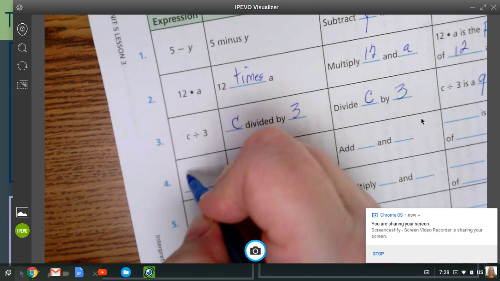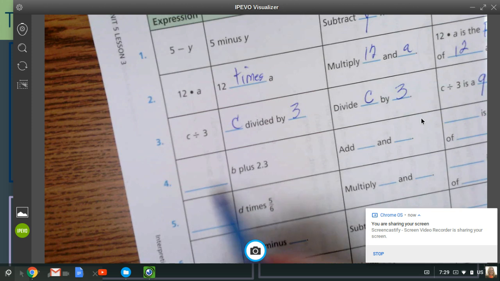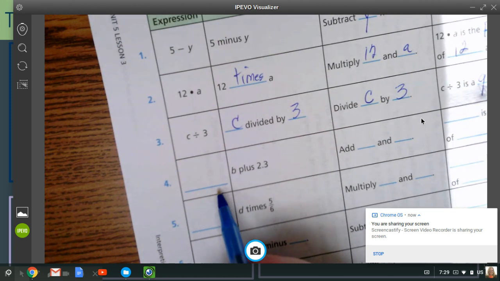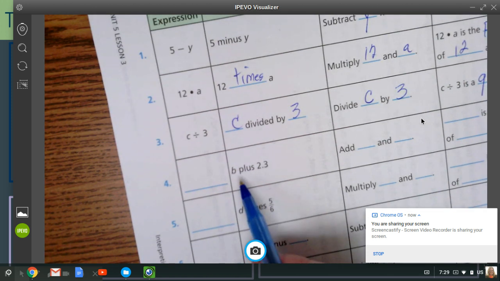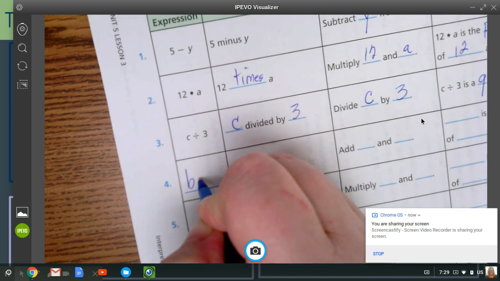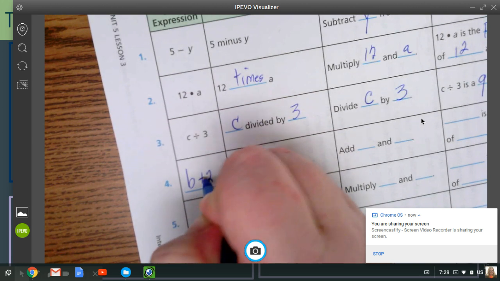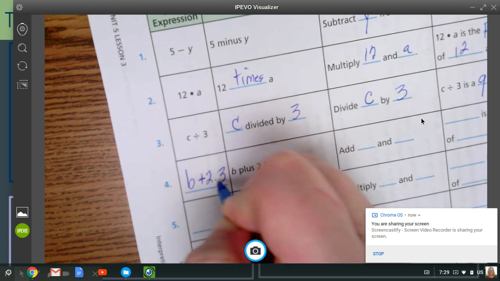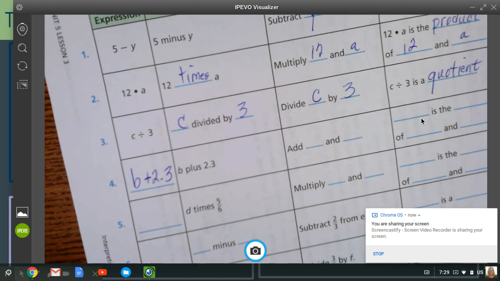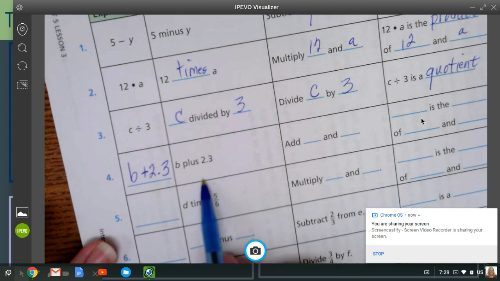Number 4 is missing the algebraic expression, which is where a variable takes the place of a value. So we can look here to see that we have add b and 2.3. So just write that down this way using the addition symbol, b plus 2.3. So we're just trying to get it into our head that we have specific terminology that we need to use, and it's very precise.